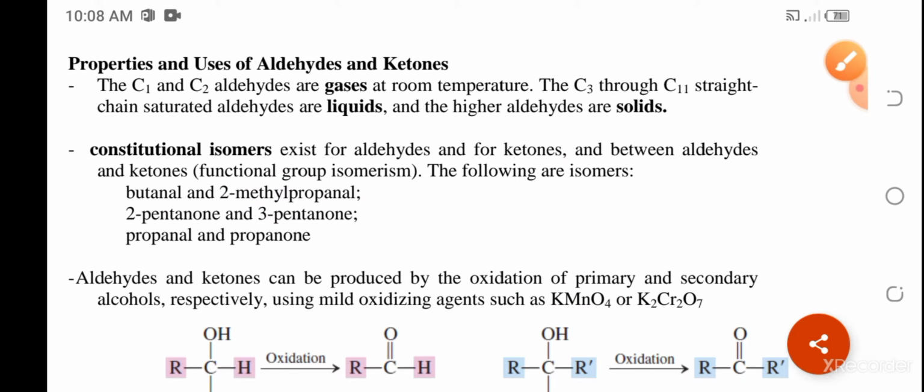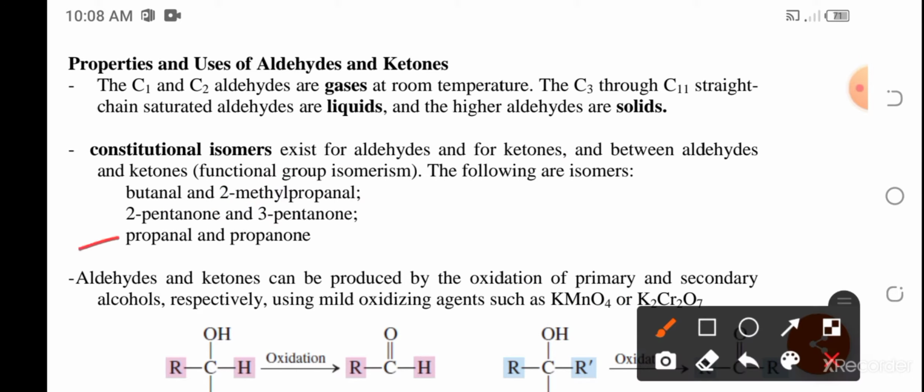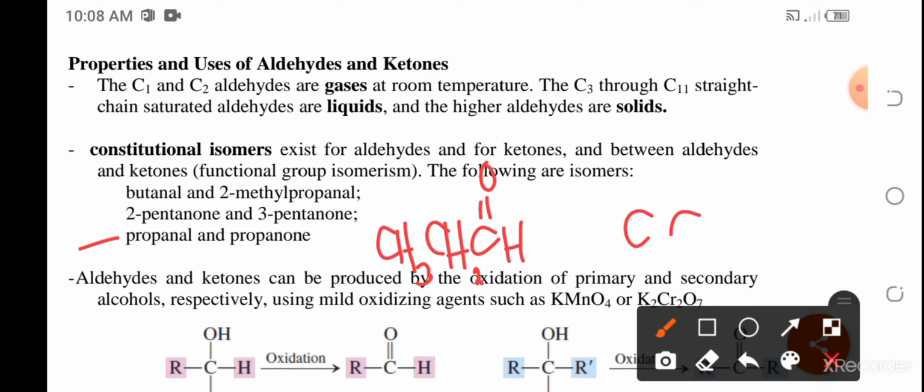Okay, let's look at propanal and propanone. Propanal will have 3 carbon atoms. So that would be CH3, CH2, C double bond OH. And propanone will have 3 carbon atoms.